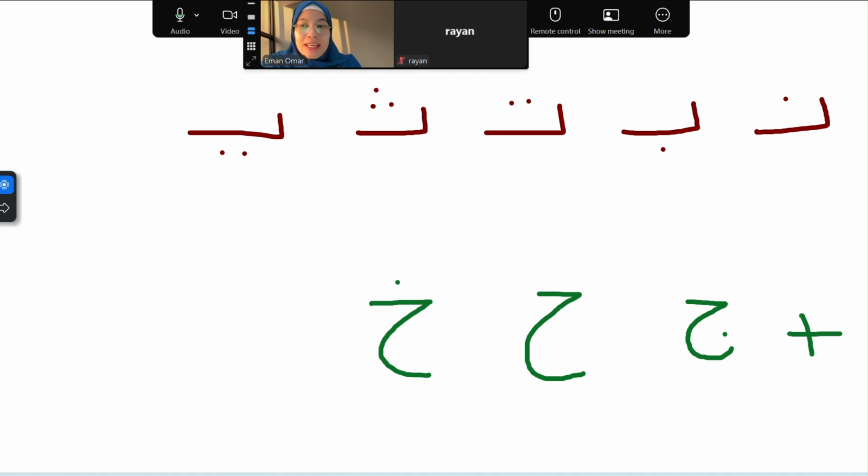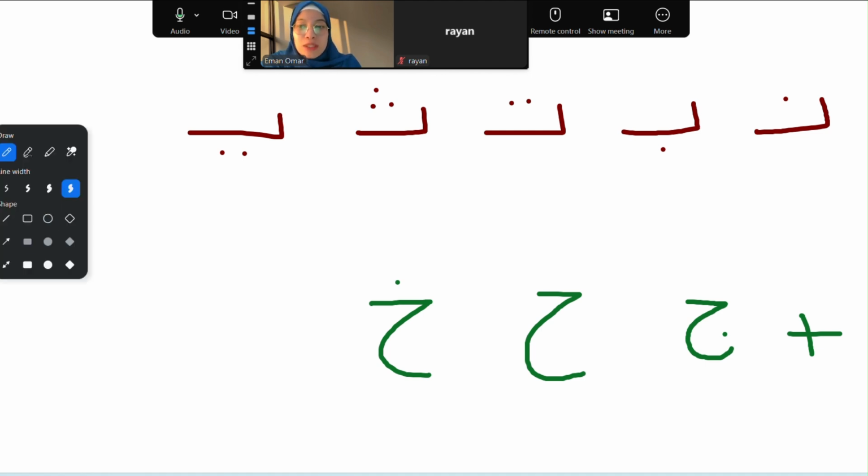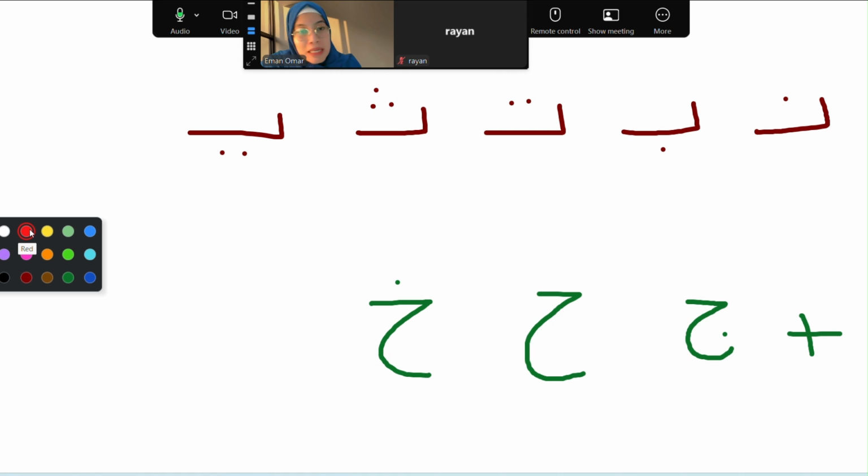We want to make different shapes between them, and they can give many different shapes. So the point is that Noon, Ba, Ta, Tha, Ya, when they are followed by one of these 3, Jim, Ha, Kha, can be written in a quite weird way that we might not be able to recognize them.